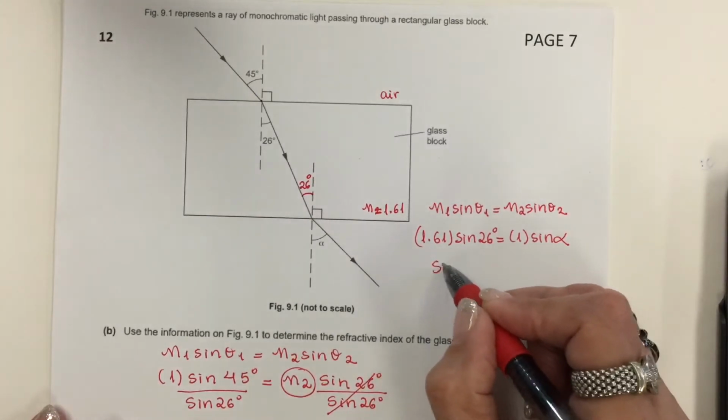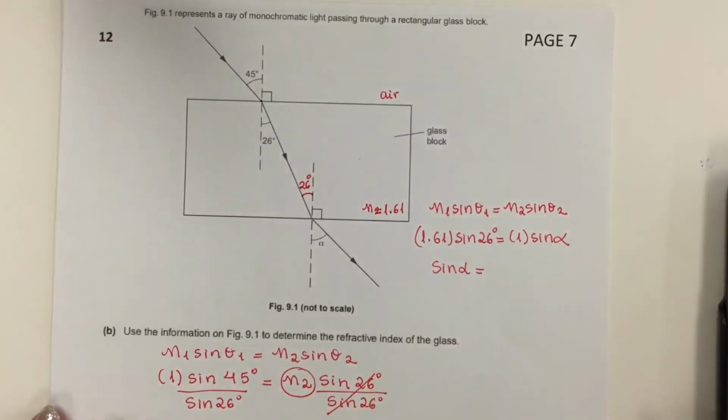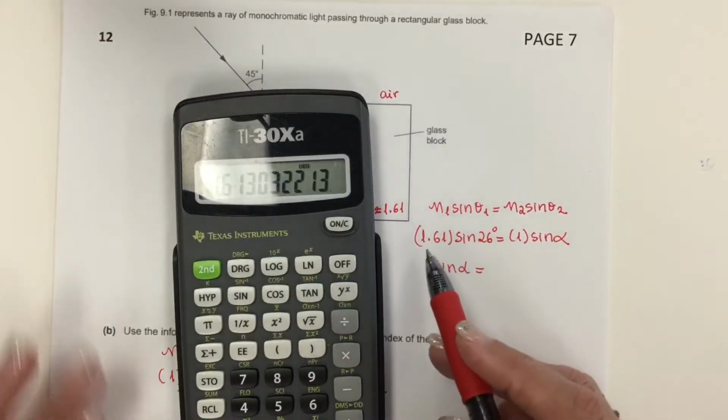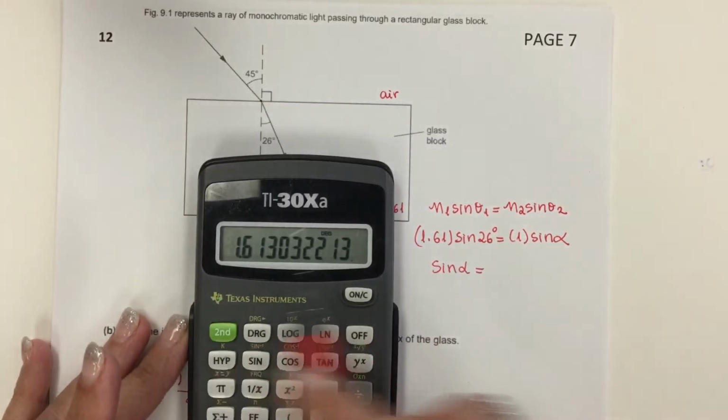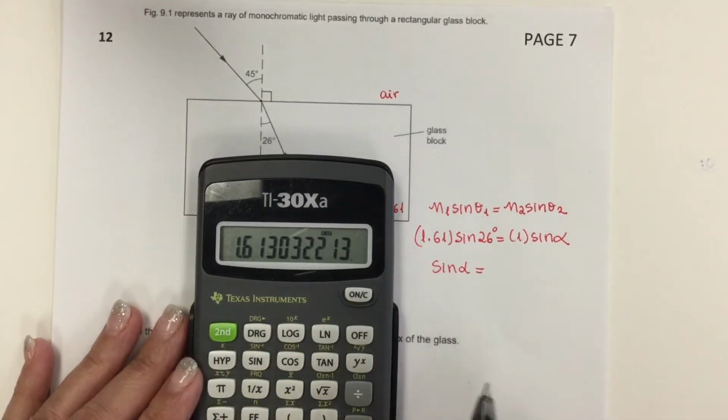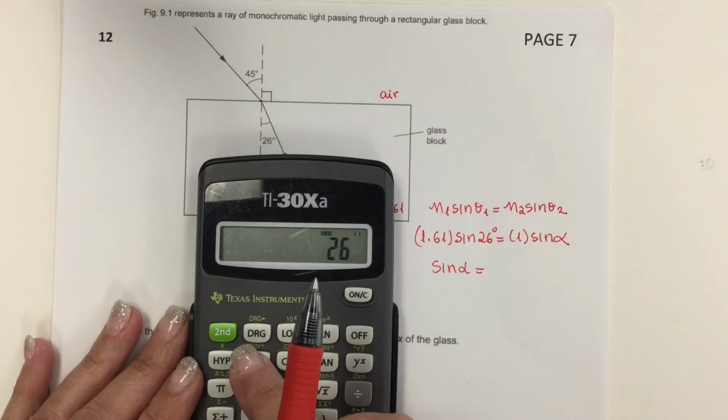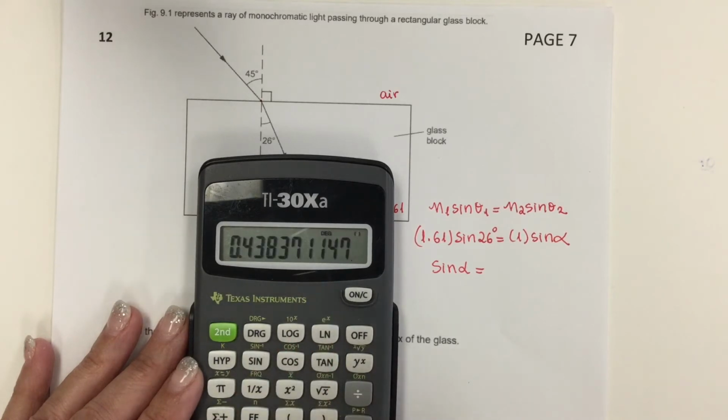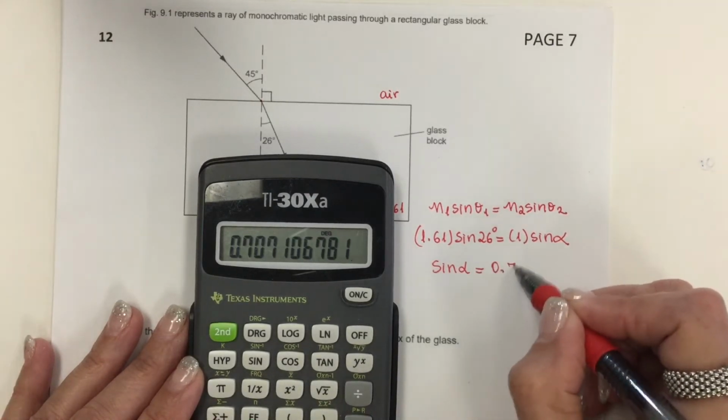So sine of alpha is 1.61. I saved my calculator here, all the digits, so let me use it. Times, open parentheses, sine of 26, equal to this. And now this is 0.7.